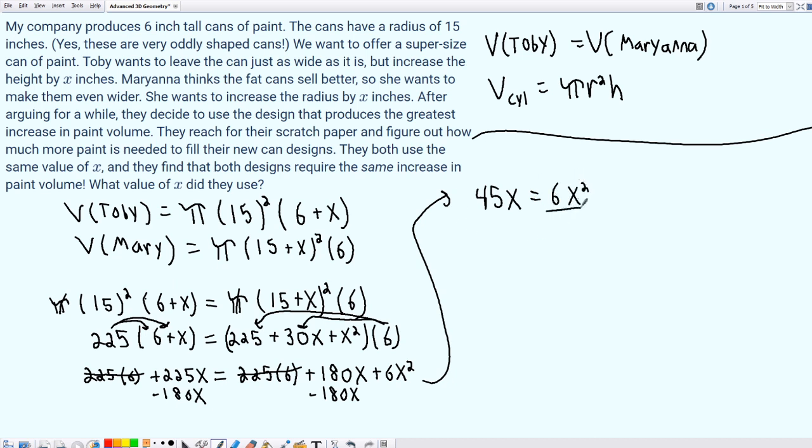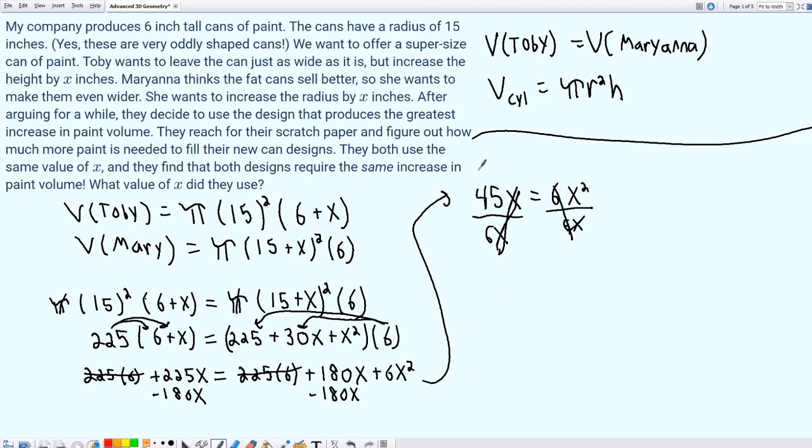Now let's divide both sides by 6x so that the x's cancel out. Now we have 45 divided by 6.